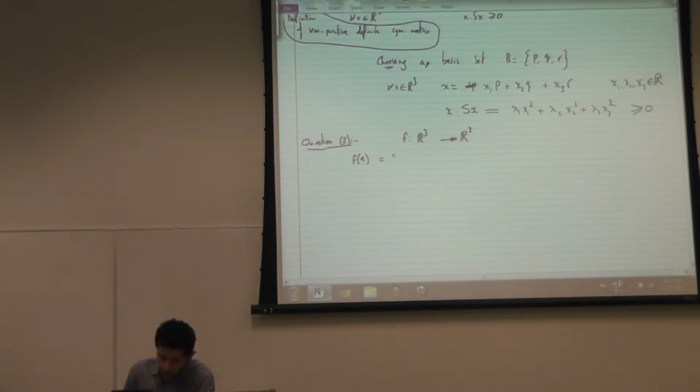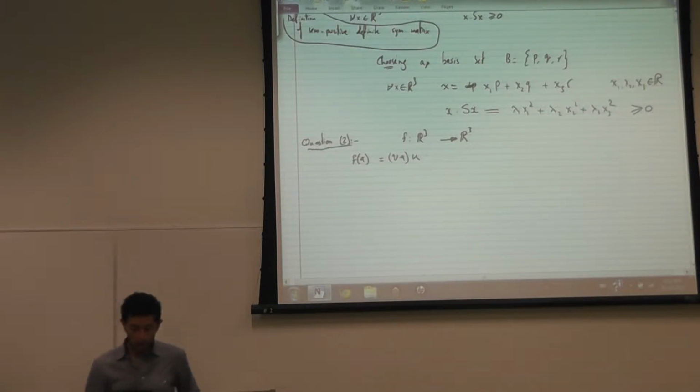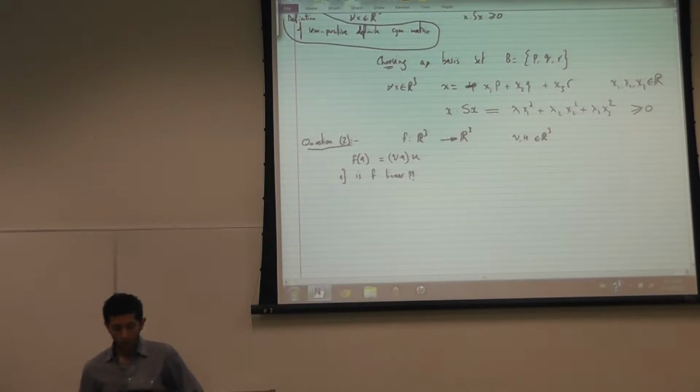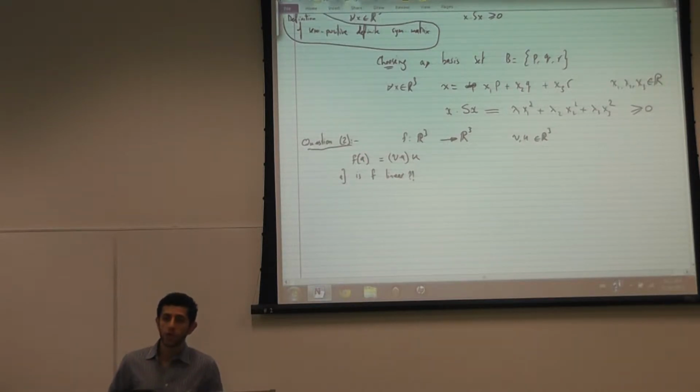F of A is equal to V dot A U. Is F linear? And V and U are fixed vectors. Well, we have to see the definition of linear.